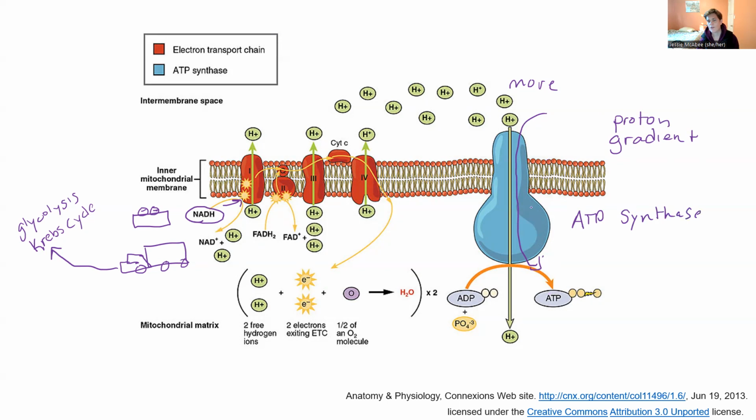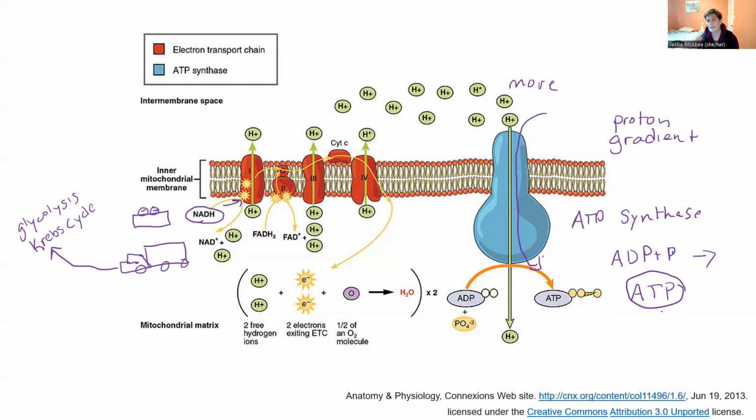And as they go down through ATP synthase, that energy is going to be converted into putting the phosphate group onto ADP. So ATP synthase is an enzyme, and it's catalyzing this reaction of going from ADP plus phosphate to ATP. And this is our form of cellular energy that the cell uses.